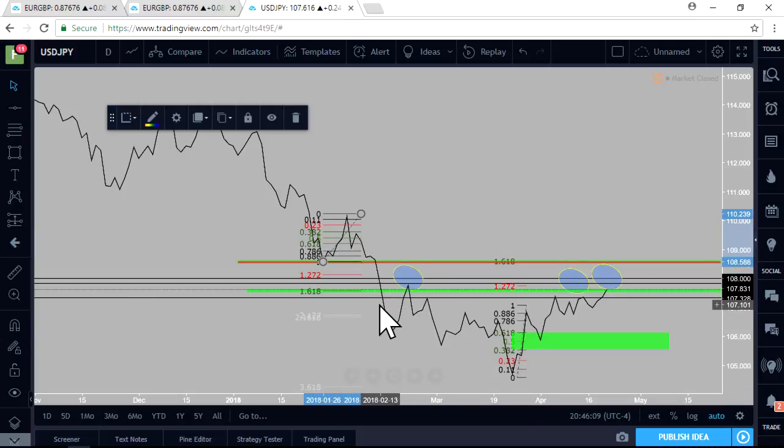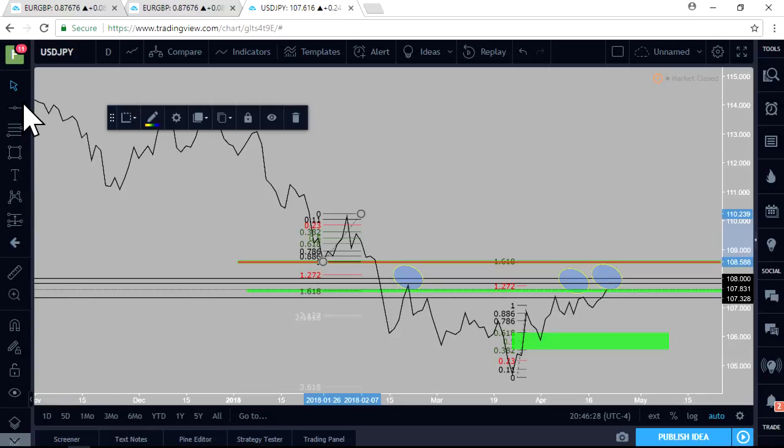But as you can see, that market broke this level, came down. The moment we see this market break this 1618 right here and go back up to this zone here, oh my goodness. Oh man, let me show you.